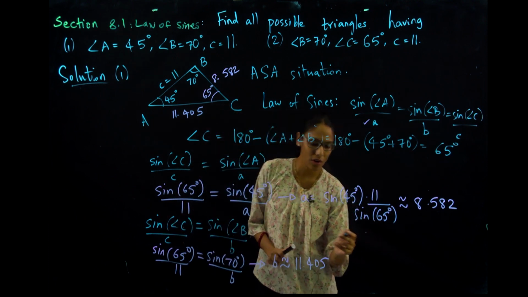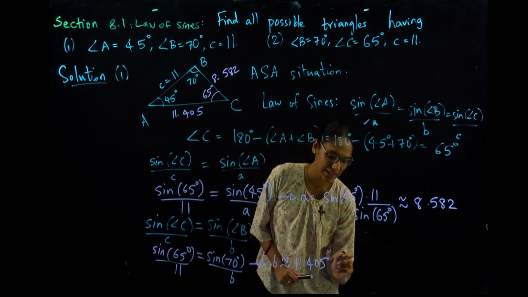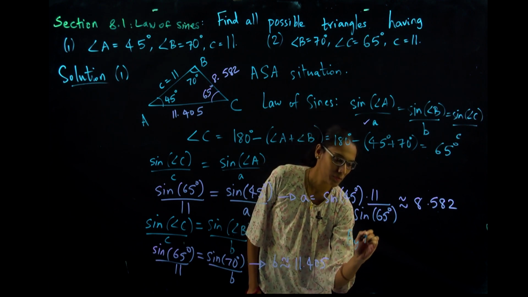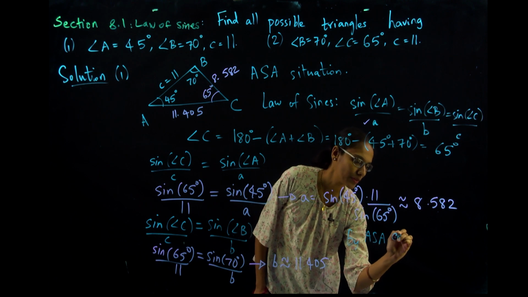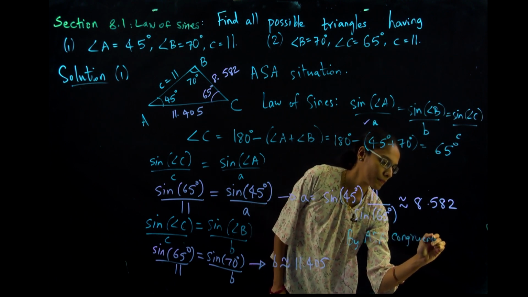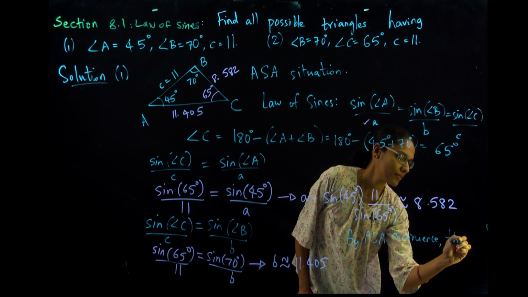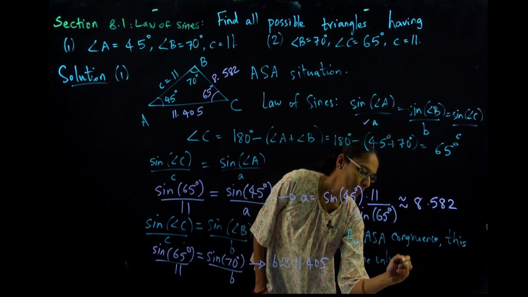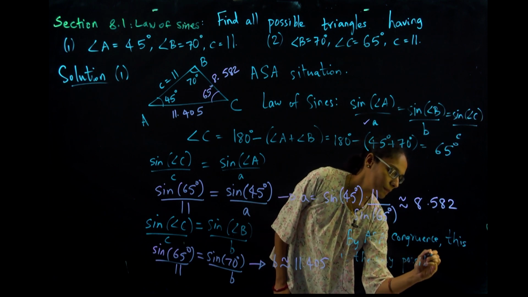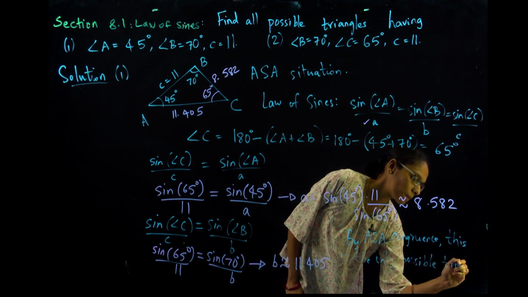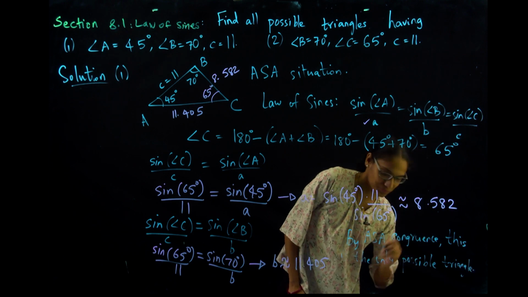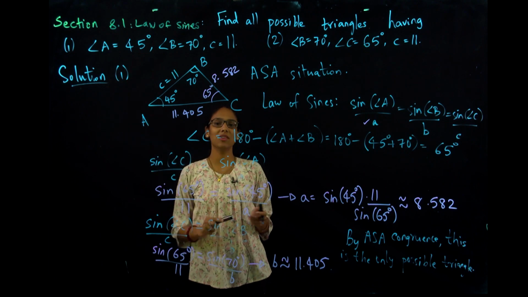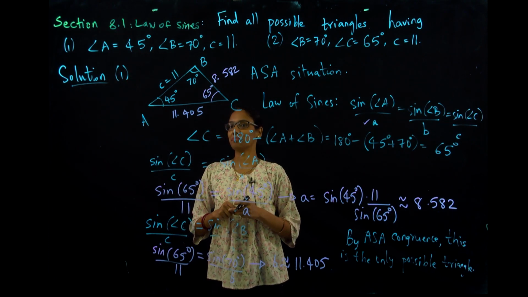So we have found all the possible triangles here, and hence what we can conclude by ASA congruence is that this is the only possible triangle. And hence we have completed part 1 of this problem.